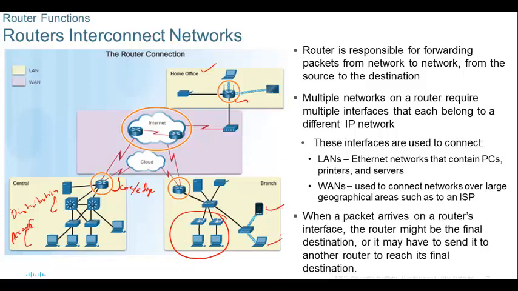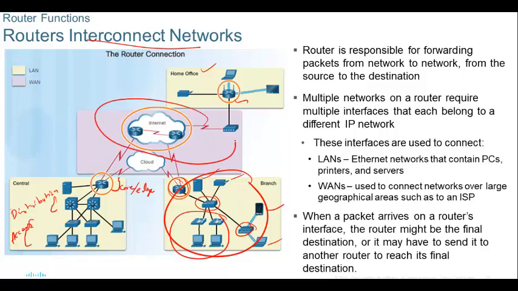At last, they are connected to a router, which is interconnecting networks. It connects this portion of the network to the internet, which is a very big network. And using the internet, the branch office can now communicate to the central office. So without a router connecting between networks, it's not possible.